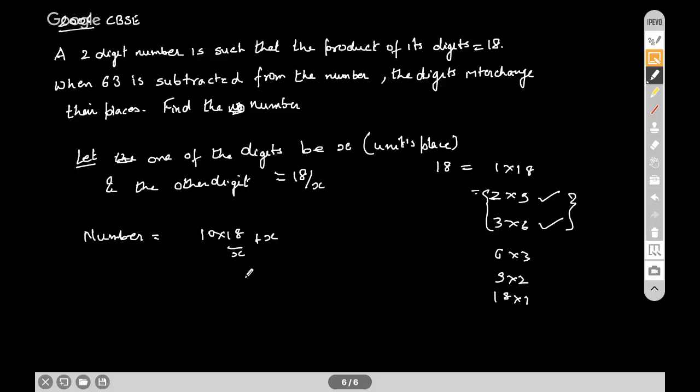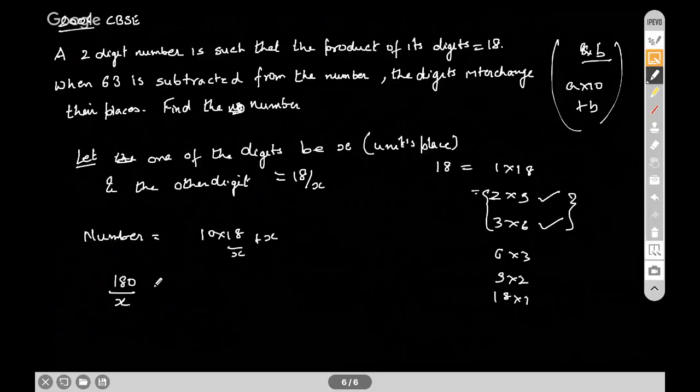Why? Because if you have a two-digit number, let's say AB, then the value of the number is A into 10 plus B. All of you know this. I'm explaining it again. So this is the number, 10 into 18 upon x plus x. Now, what are they saying? If 63 is subtracted from the number, the digits interchange. So let us subtract 63 from it.